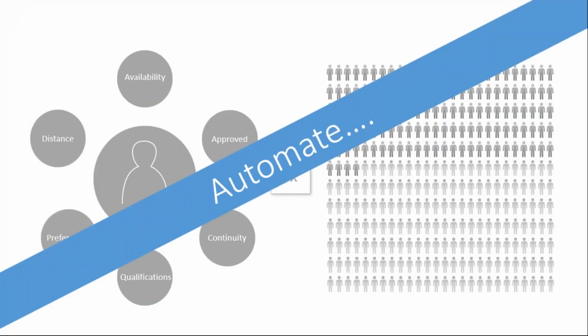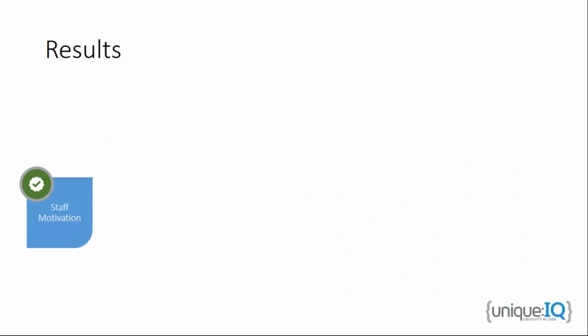So the solution is to try and automate that. So products that we've got developed, and there are other products out there, will allow that data to be fed into the system, so that actually the solution can then plan and schedule shifts accordingly.